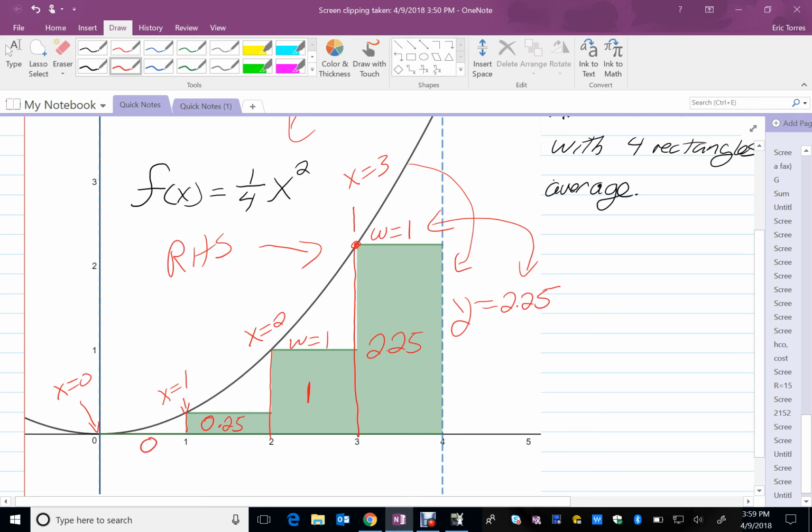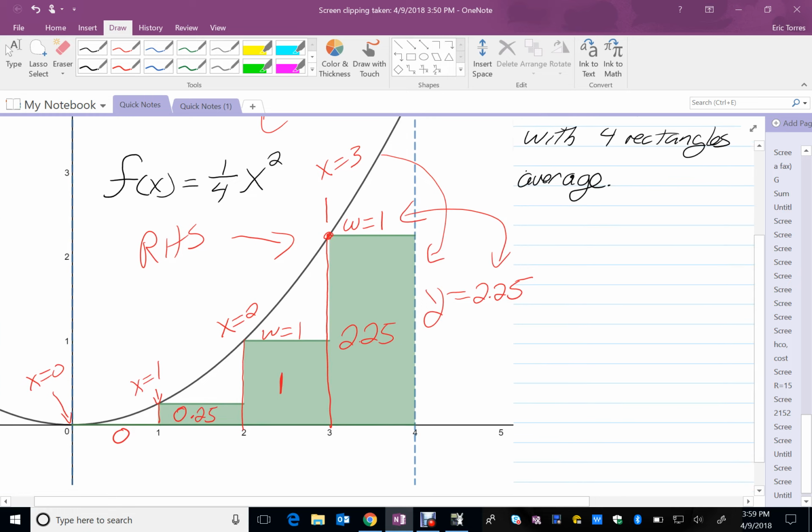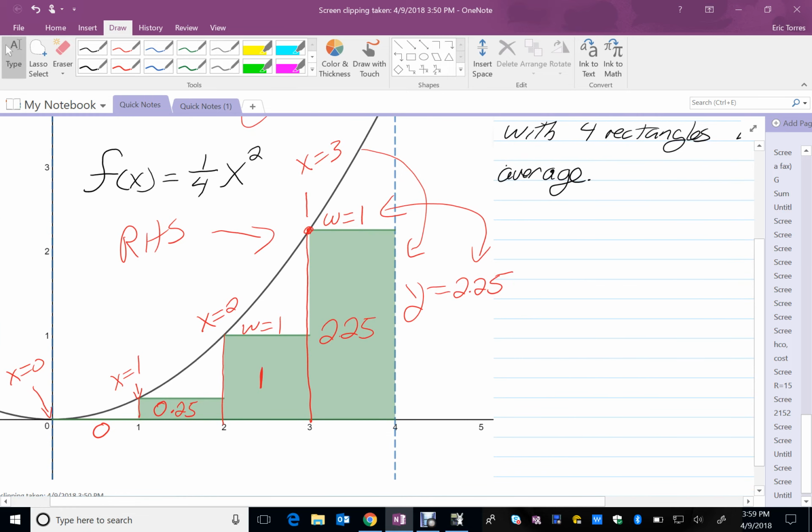So now the area of these 4 rectangles comes from adding these 4 numbers together. So my total area that I estimated for my left-hand sum. Why did I put right-hand sum over there? That's connected on the left-hand side. Sorry about that.